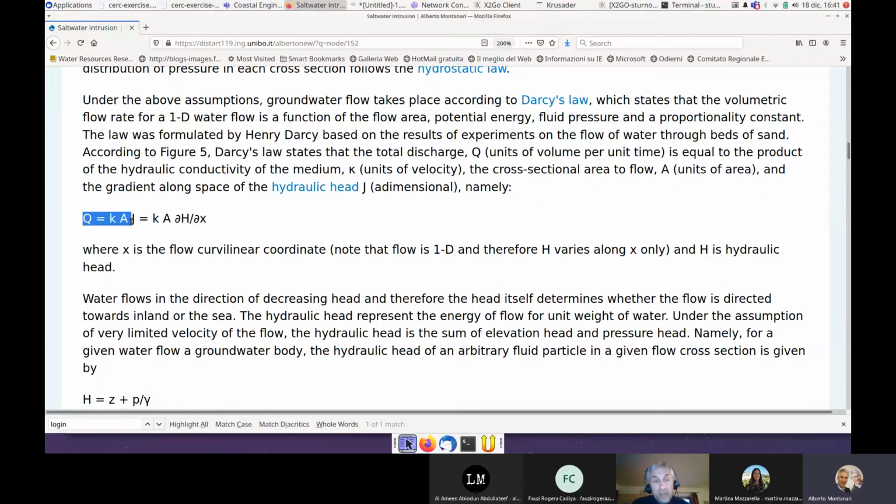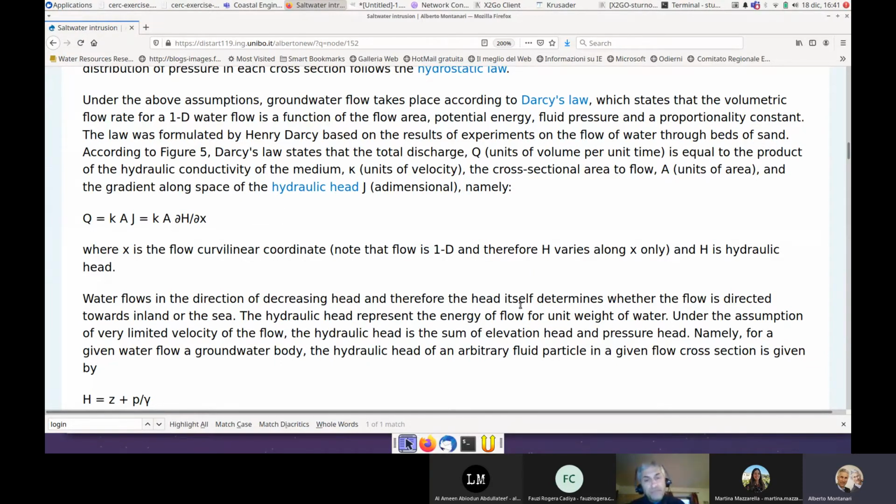If we call the hydraulic head capital H, the gradient can be expressed as the derivative of capital H with respect to the direction of the flow. X here is the flow curvilinear coordinate. Very good.